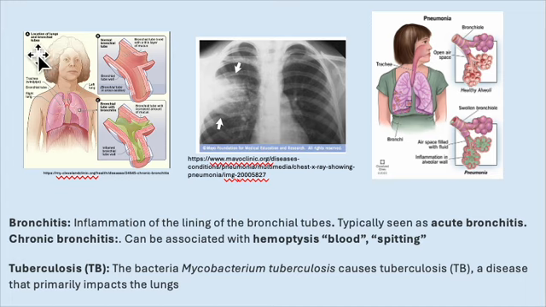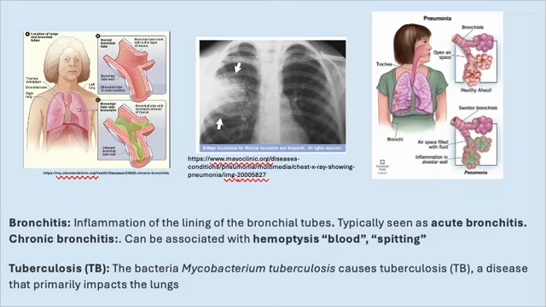So if an infection, such as a viral infection, is pretty severe, it can lead to the development of bronchitis, where you have this inflammation of the bronchial tubes, specifically the lining of the bronchial tubes. Acute bronchitis is shorter lasting, but chronic bronchitis is longer lasting inflammation of the bronchi.